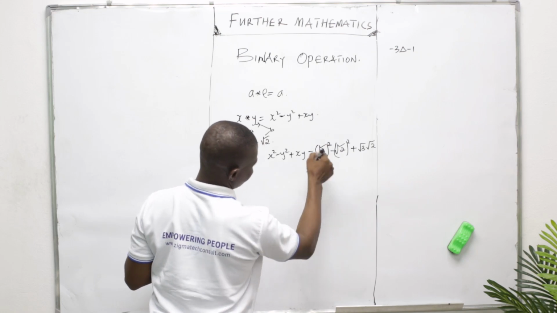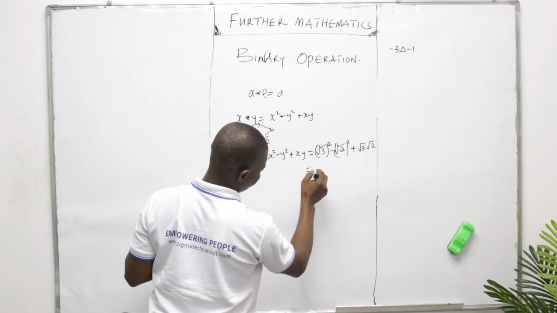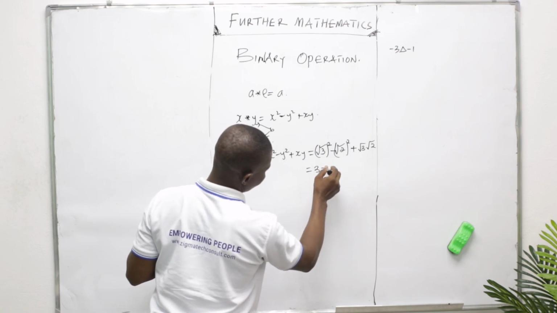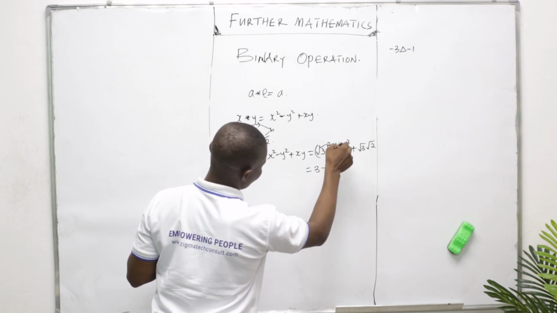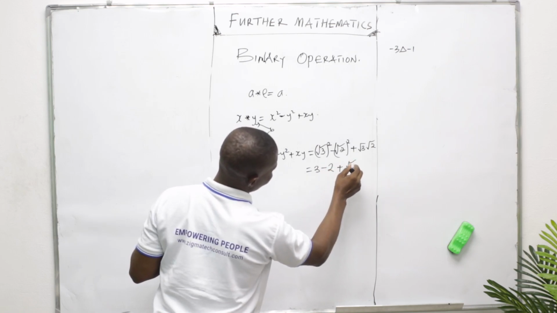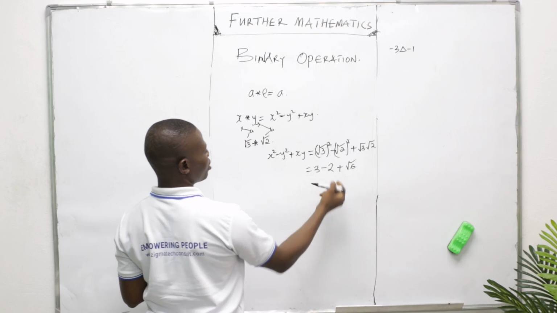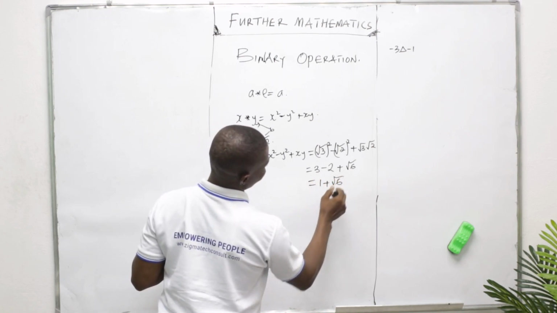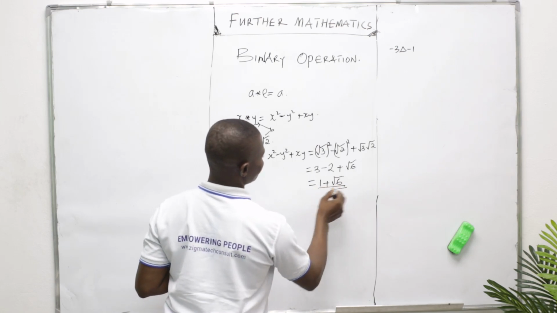If you take square root of root 3 squared, it will give us 3. Minus root 2 squared, that's when you square it, to give us 2, plus root 6. 3 minus 2 equals 1 plus who? Root 6.